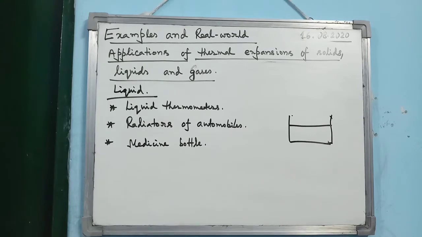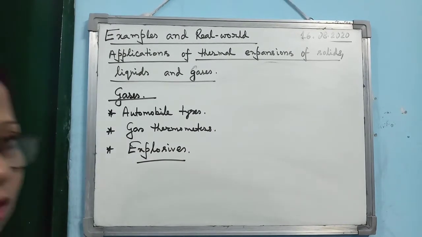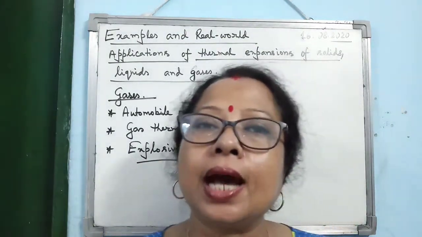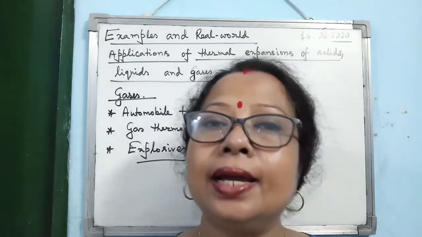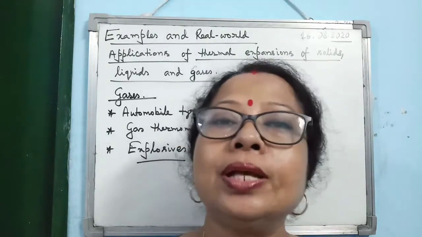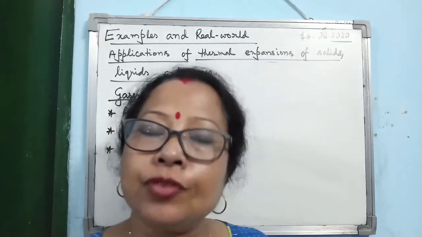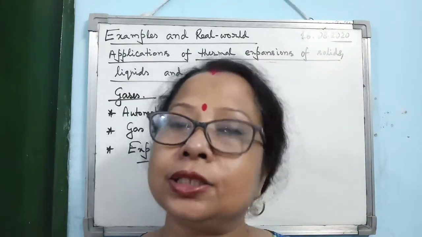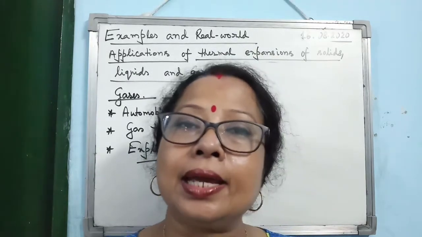Then the next one is thermal expansion of gases. The first example of thermal expansion of gas is automobile tires. You know that tires are generally filled with air. During summer, when air is filled within the tire, a smaller amount of air is filled. Why? Because during summer the surrounding temperature is high, so if you fill a large amount of air within it, then due to the high temperature of the surrounding, the air within the tire will expand.